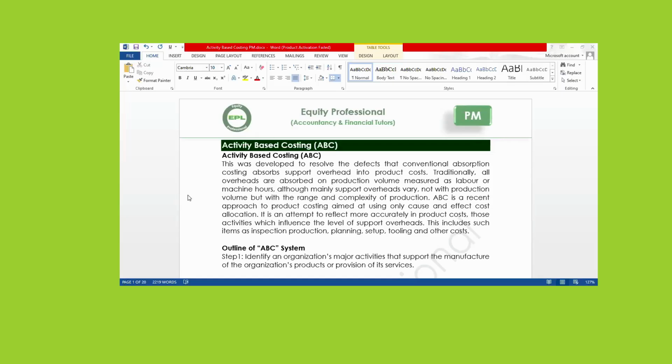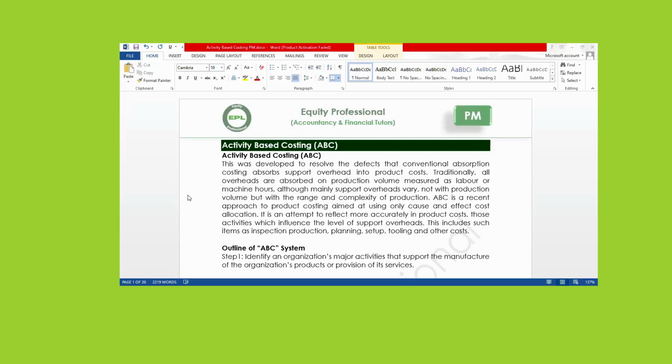The activities that give rise to the overhead cost should be used as a basis for apportioning and allocating the overhead cost. In this case, the cost reflects more accurately in your product cost.